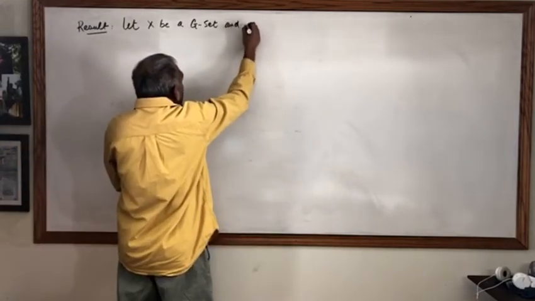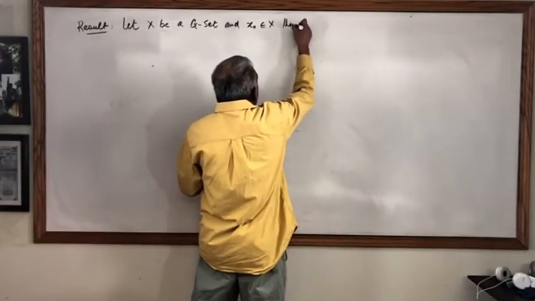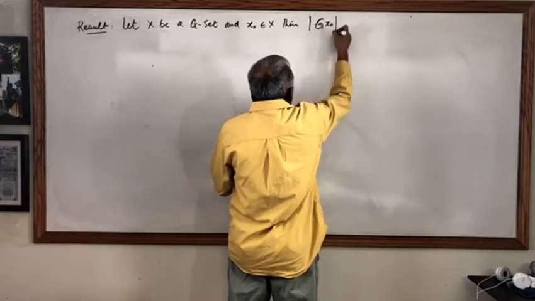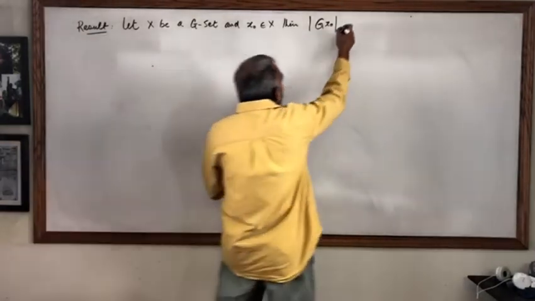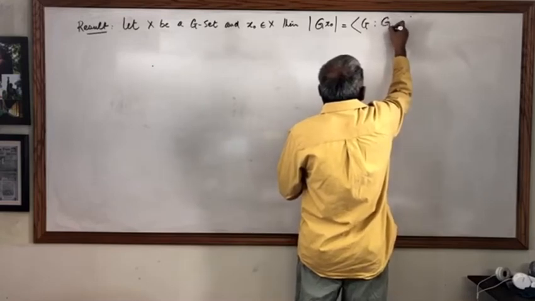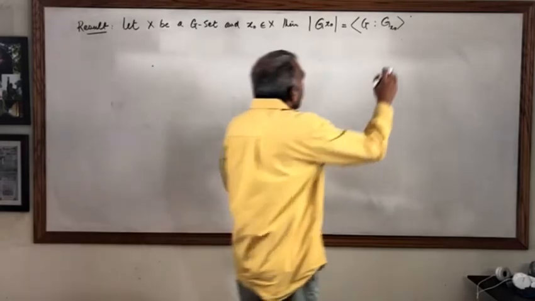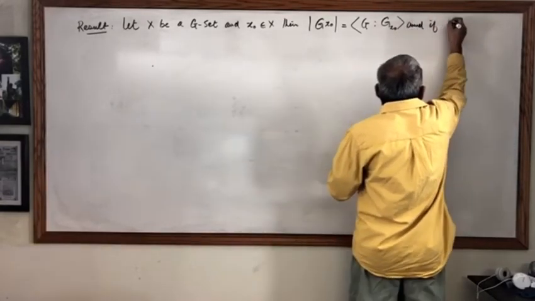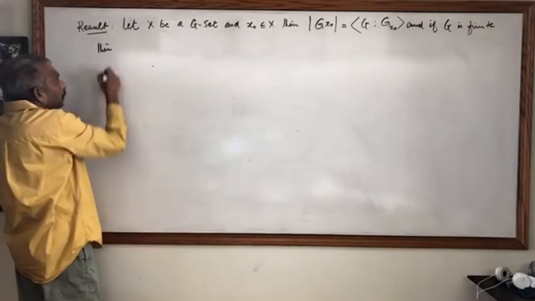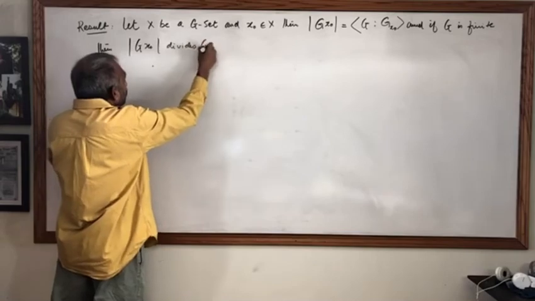And x0 belongs to X. Then the cardinality of the orbit containing x0 is equal to the index of the isotropy subgroup Gx0 in G. And if G is finite, then the cardinality of the orbit divides the cardinality of G.